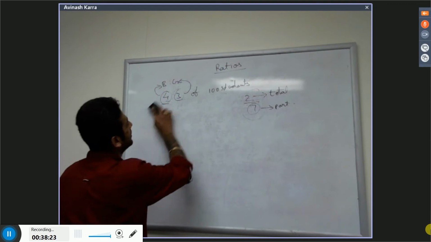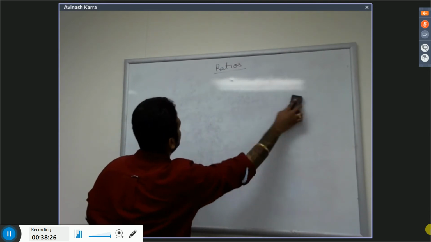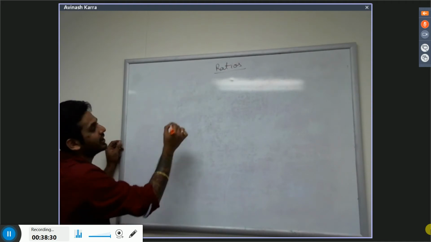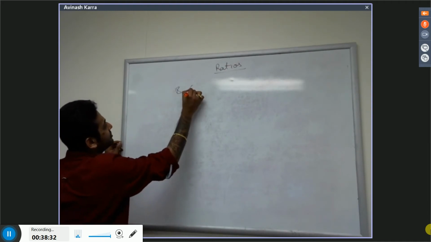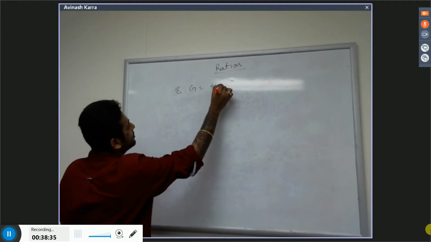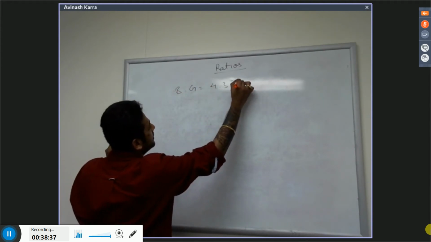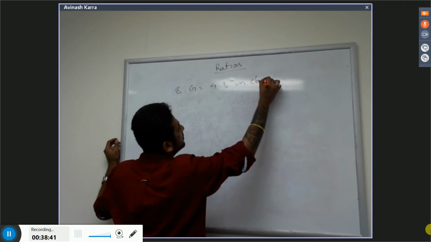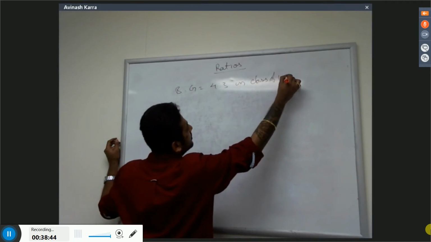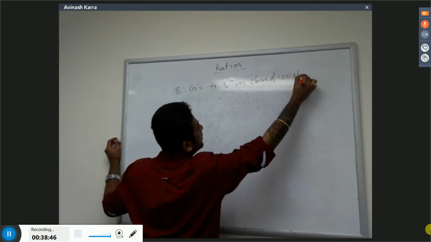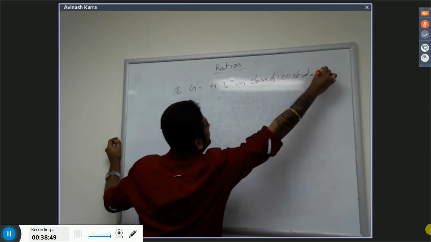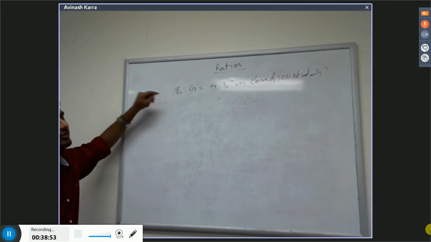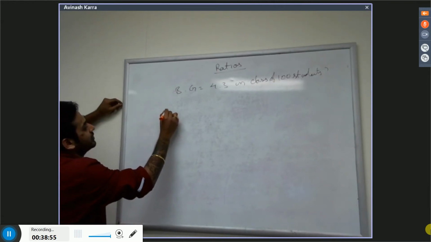Let us take the same example. In a classroom, if boys is to girls is equal to 4:3 in a class of 100 students, find the total number of boys. How will you do that?